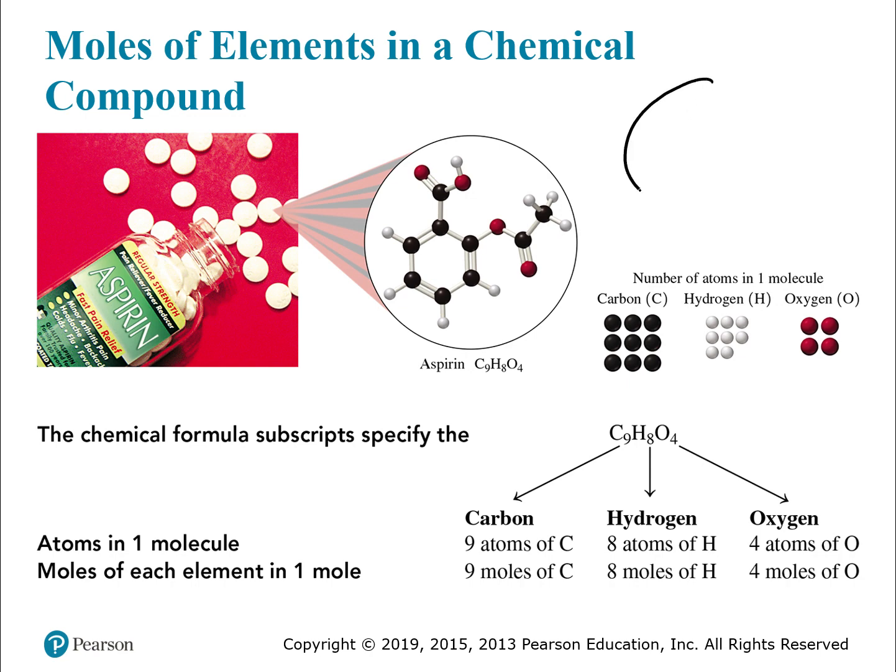Let's represent aspirin as a whole circle. Okay? That's 1 mole of aspirin. Aspirin is made up of carbon, hydrogen, and oxygen. C9H8O4. The number of atoms in one molecule would be 9 atoms of carbon, 8 of hydrogen, and 4 of oxygen.